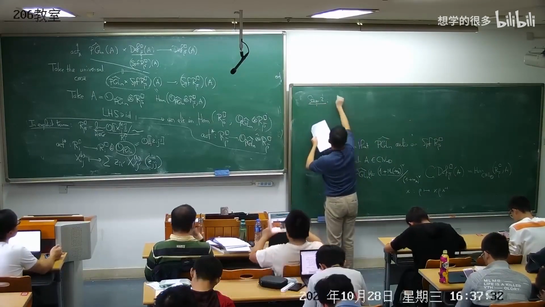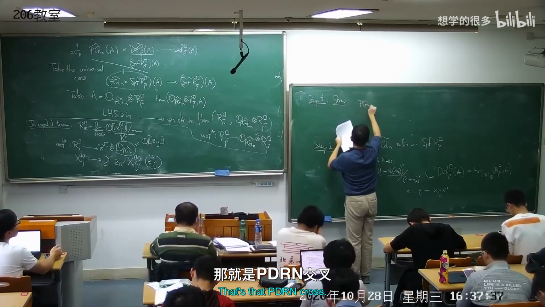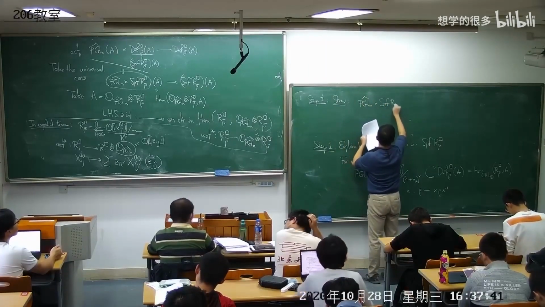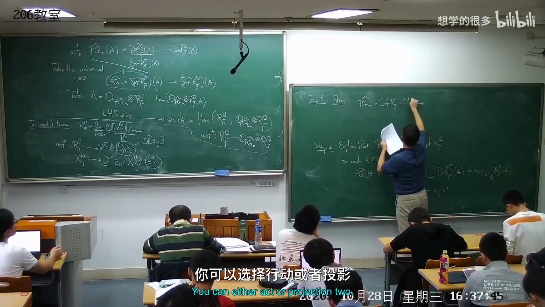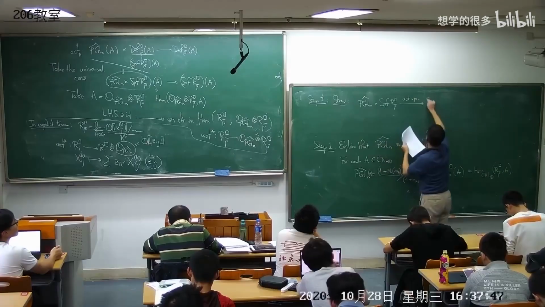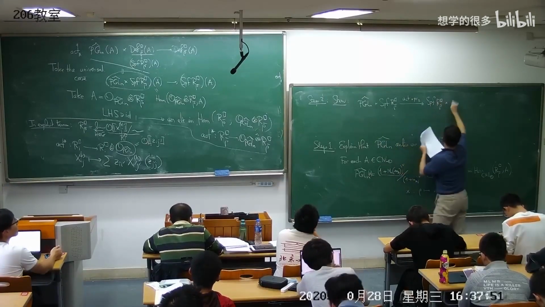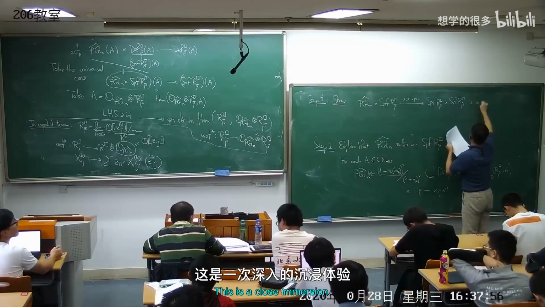Step 2, I want to show that PGL_N cross, you have two things, you can either act or projection 2. This is a closed immersion.